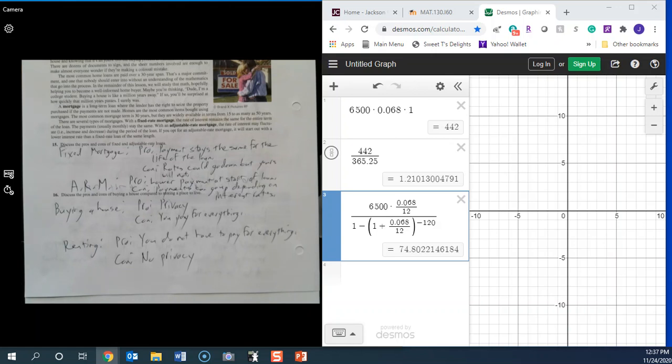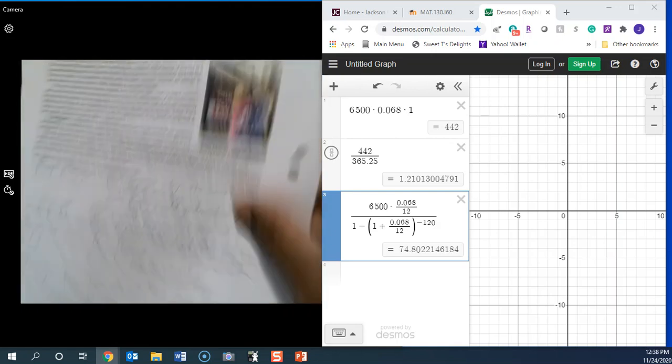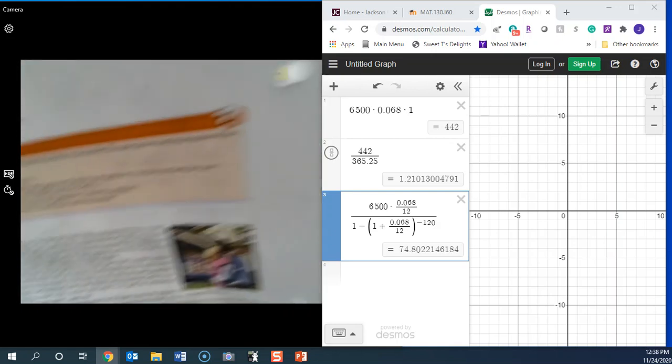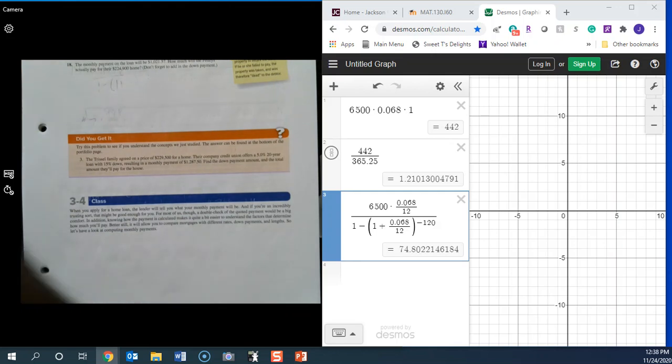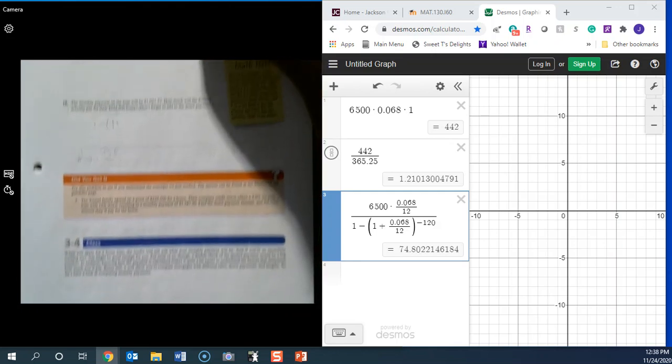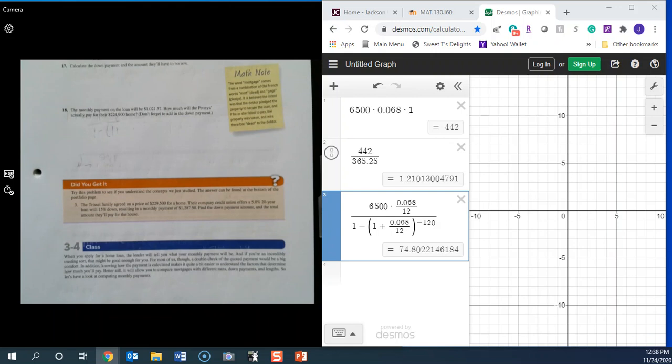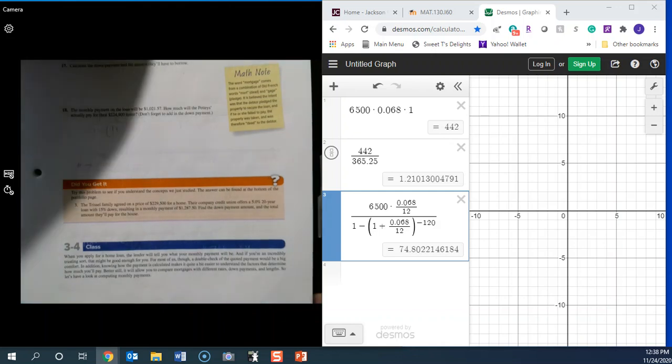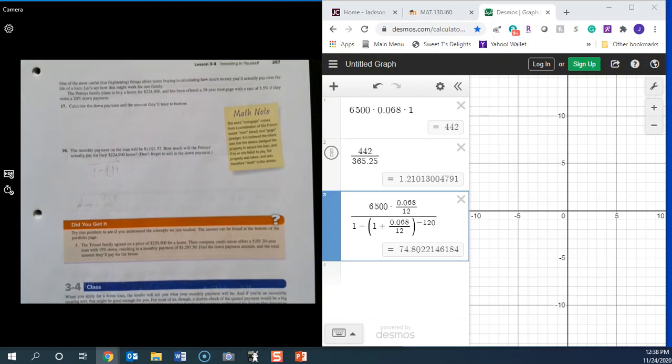All right, so we need to go on to the next page, page 257. So it says here, one of the most useful but frightening things about home buying is calculating how much money you will actually pay over the life of the loan.